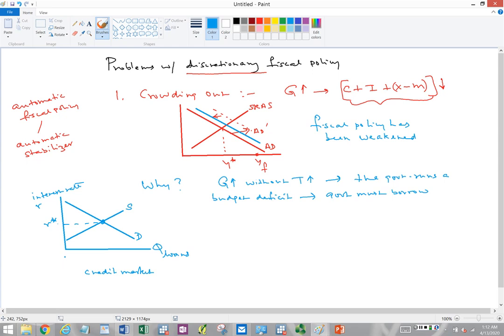So with the government borrowing, what happens in this diagram is that the demand for credit curve shifts to the right. And that's because the government is stepping in as a big borrower. Right? So what does this do to the equilibrium interest rate? You can see here that the equilibrium interest rate will rise from R star to R double star. We have a rise in the interest rate.